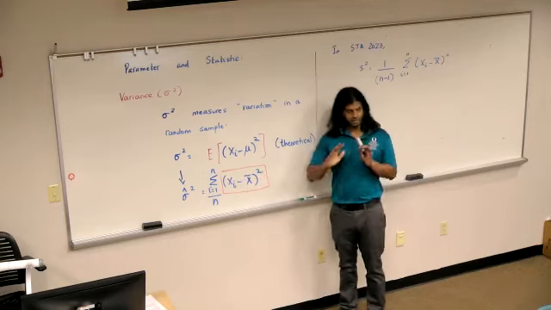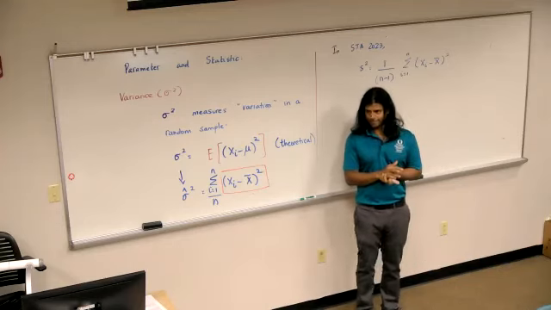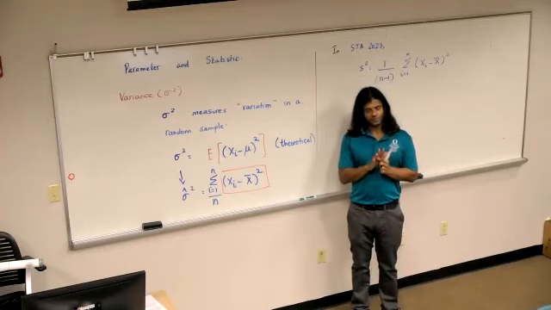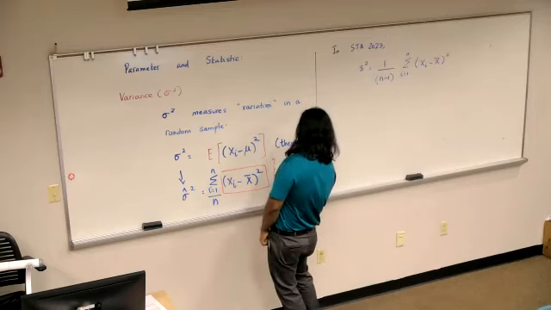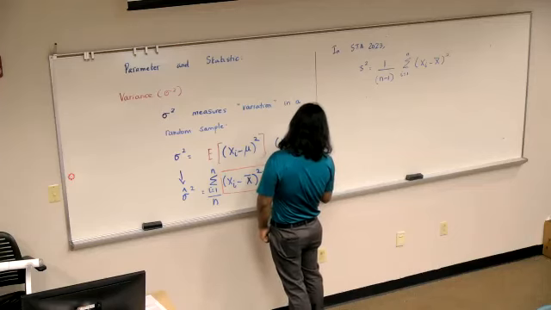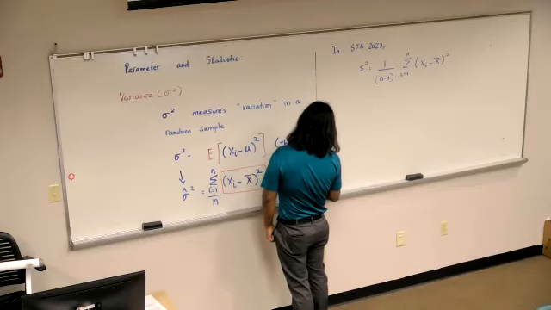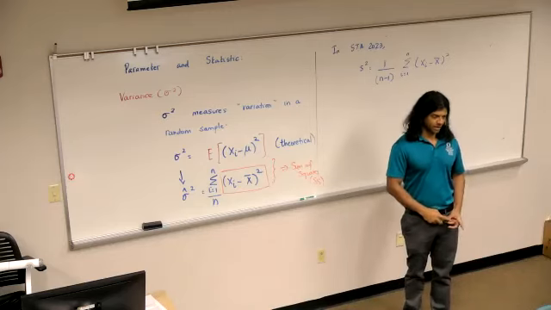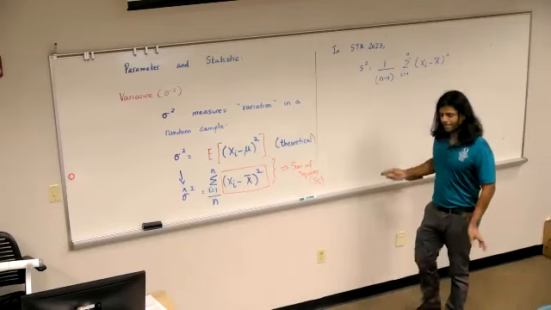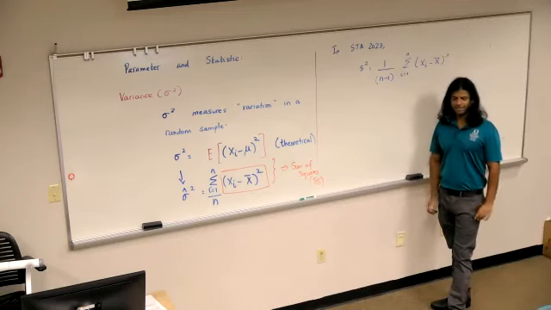Correct. You're squaring all the values and summing them. So in general, that numerator is called the sum of squares, SS. You constantly see that in this class.